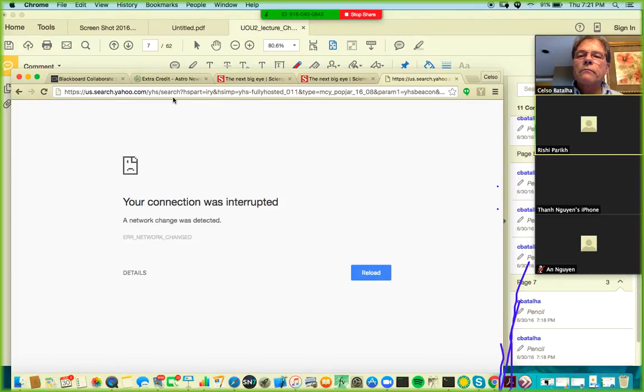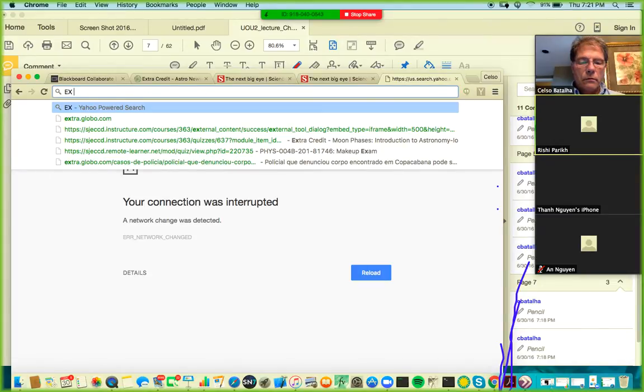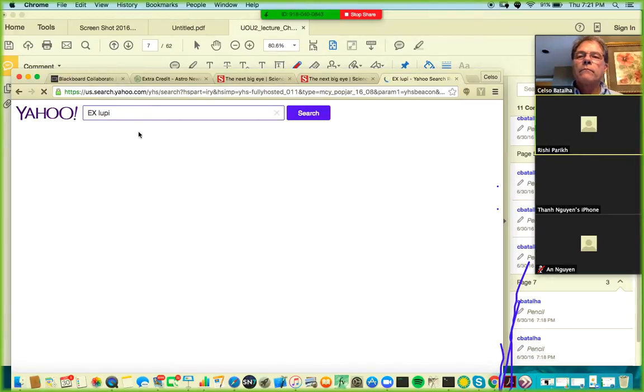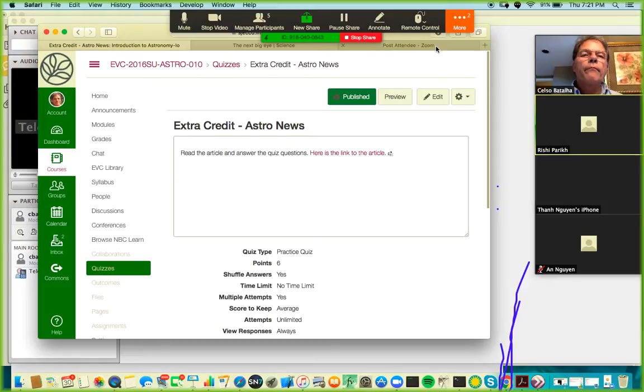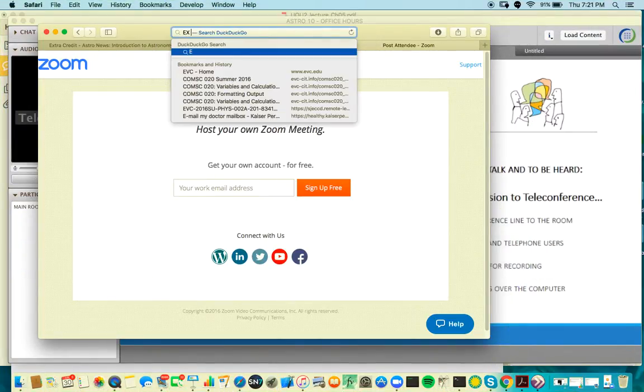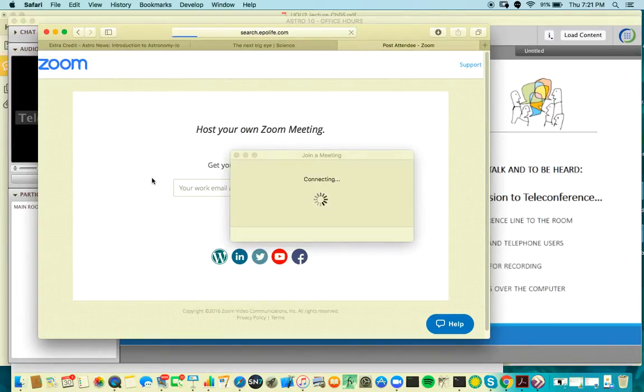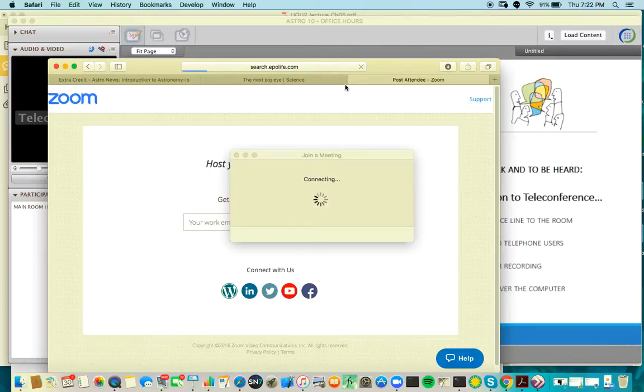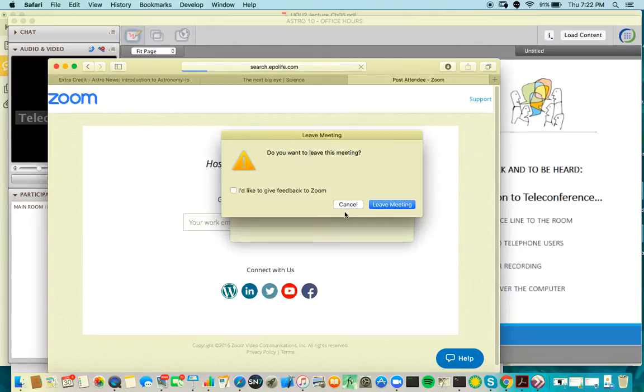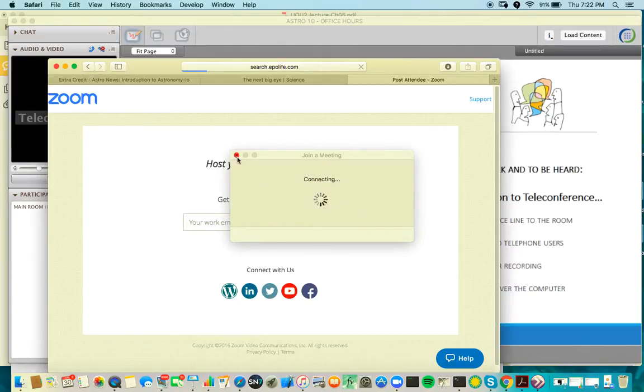Zoom is slowing down everything here. This happened last time.